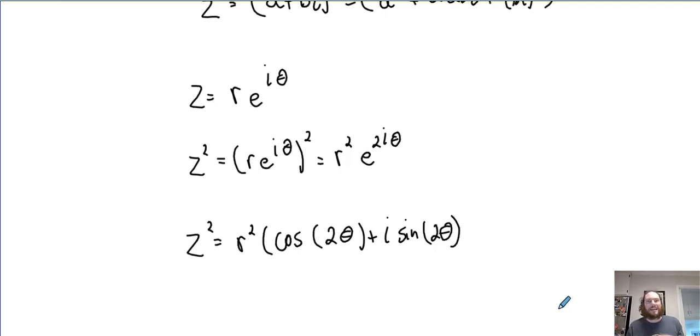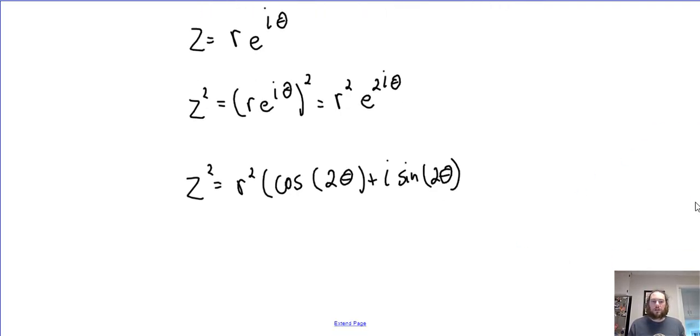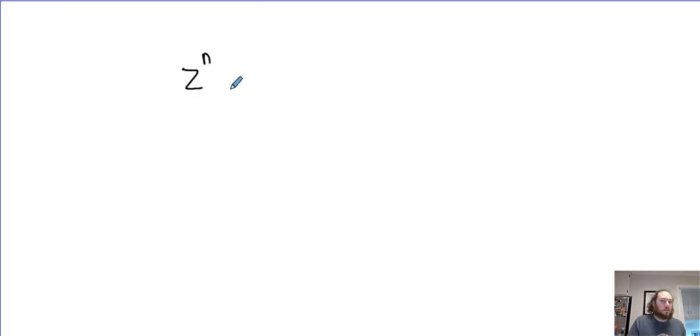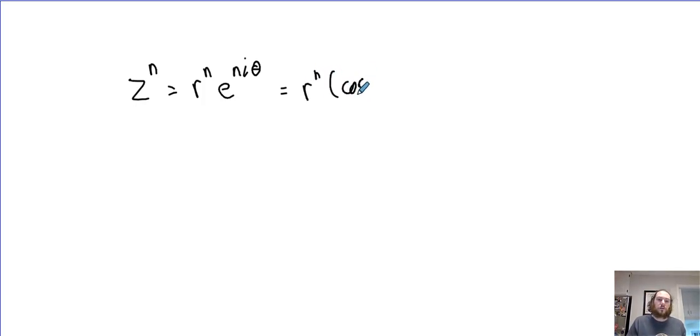And what that means is that, in general, if I want to put a complex number to any power, so z to the n, for example, I can write that in Euler's form as r to the n times e to the n i theta, or in polar form as r to the n times the cosine of n theta plus i sine n theta.